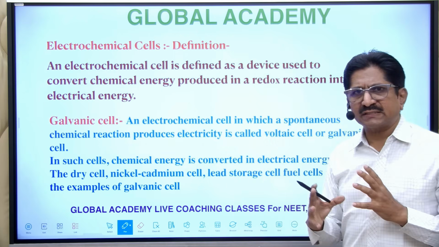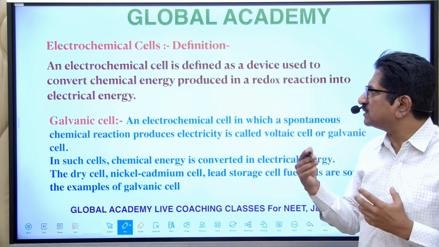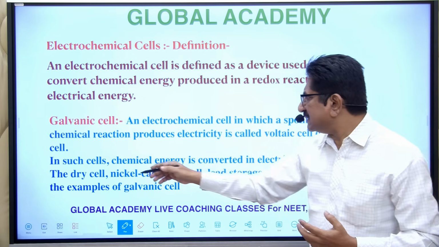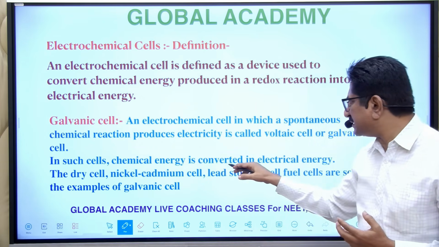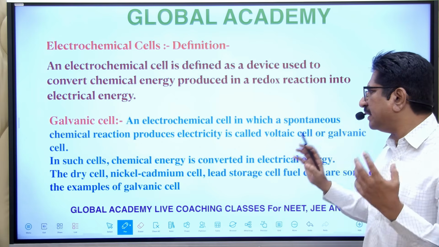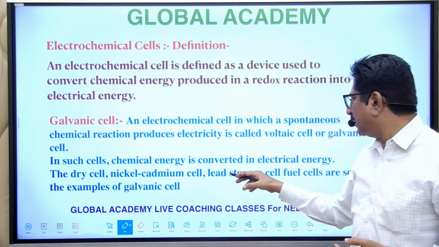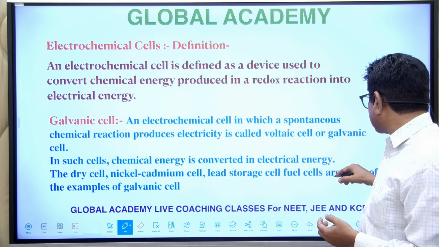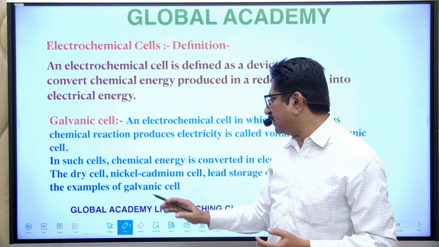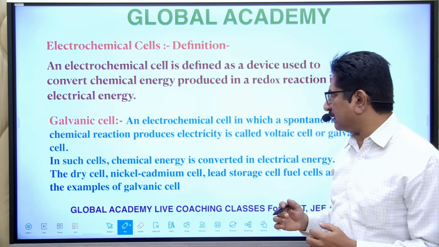These are one and the same. In such cells, the chemical energy is converted into electrical energy. For example, the dry cell, nickel cadmium cell, lead storage cell and fuel cells are some examples of the galvanic cell.